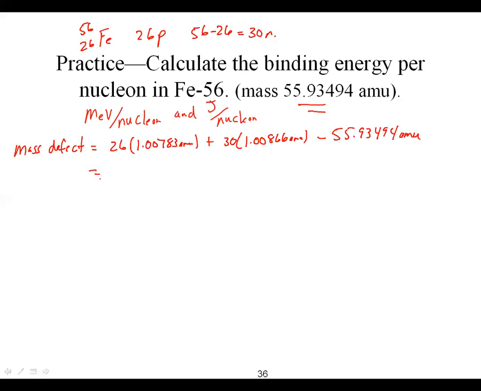Let's see here. It's going to give us 26 times 1.00783 plus 30 times 1.00866 minus 55.93494. That's a lot of numbers. 0.5284.